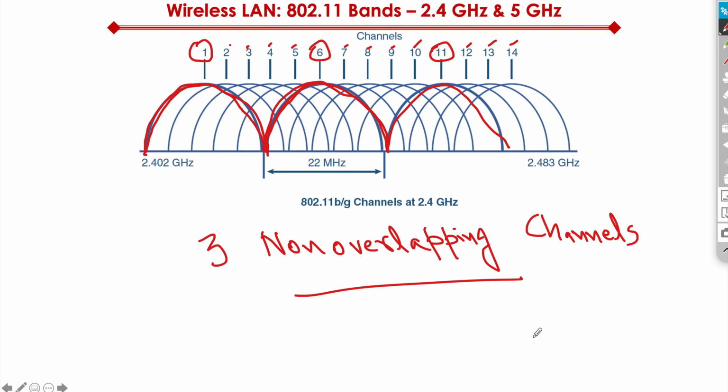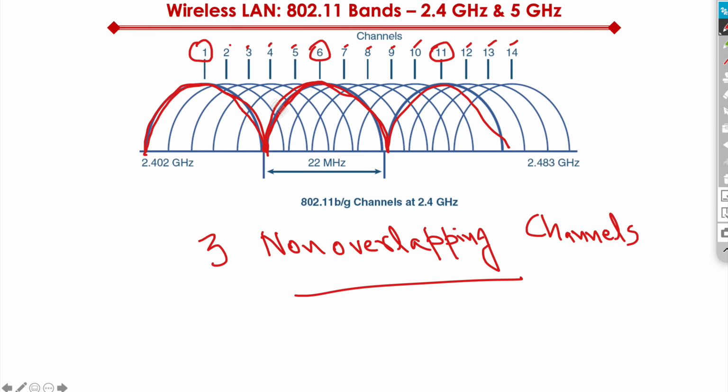Well, if you have an environment where you expect a lot of devices to be connected, also known as a high density environment, then you may not find that 2.4 gigahertz is sufficient for you because it doesn't offer you enough non-overlapping channels. And like I said, you do not want channels to overlap.